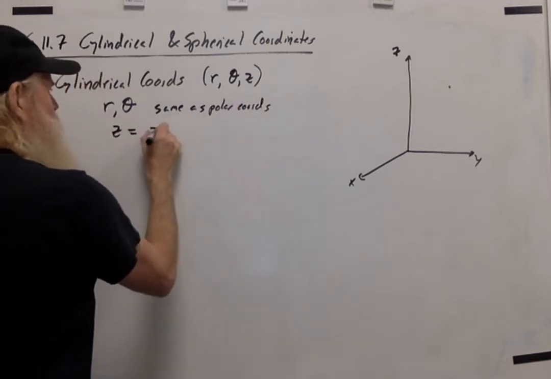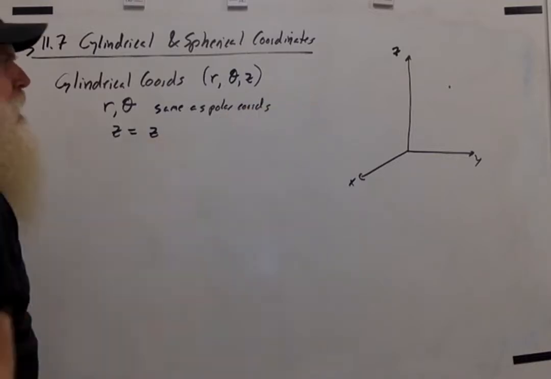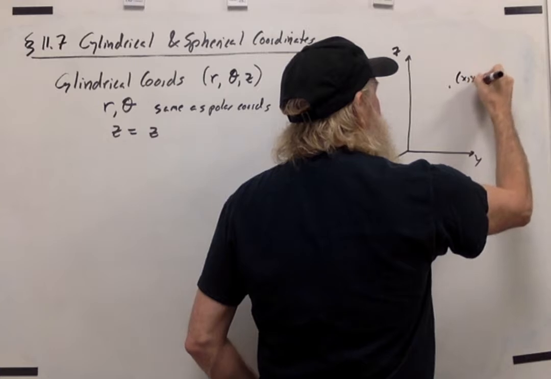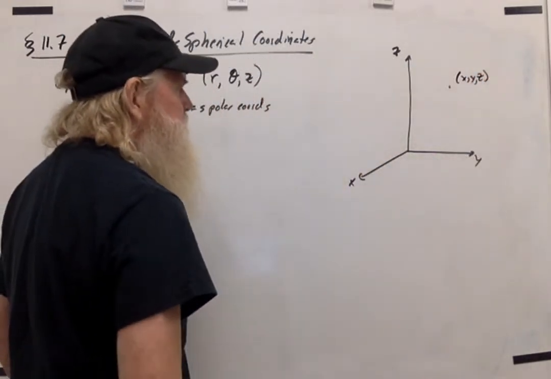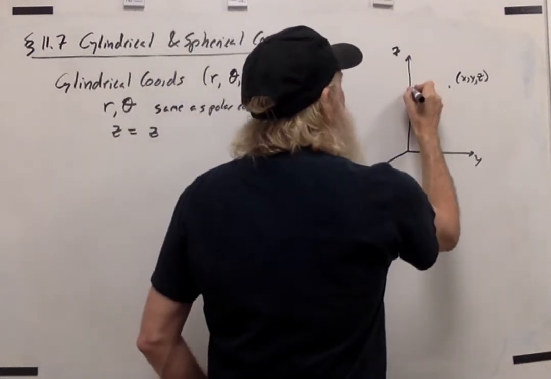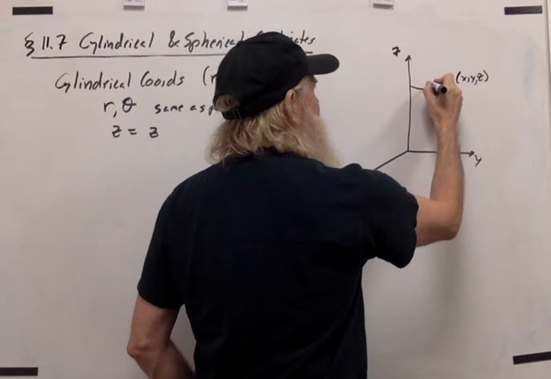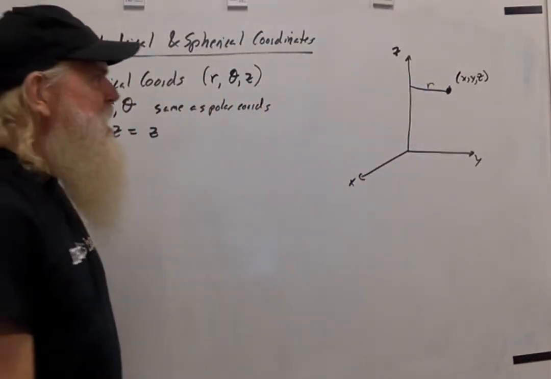And z is just regular old z. So if I have a point in space, x, y, z, here's what r, theta, and z are. R is the perpendicular distance over to the z-axis. So r is the horizontal distance to the z-axis.